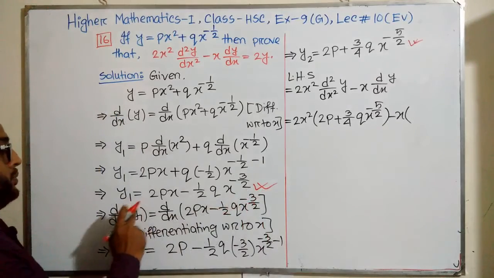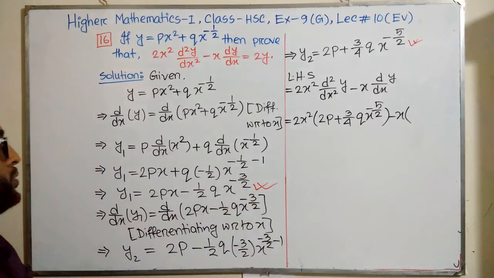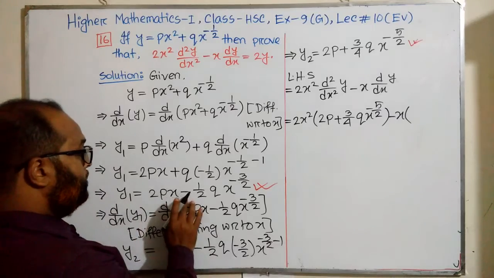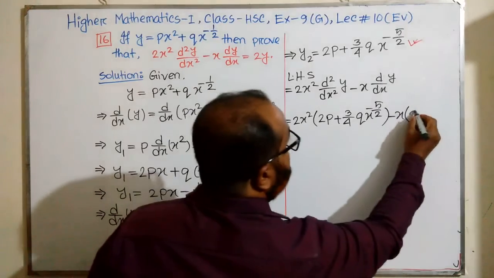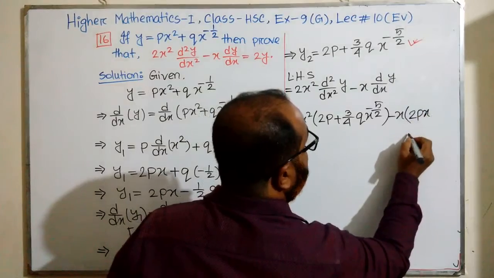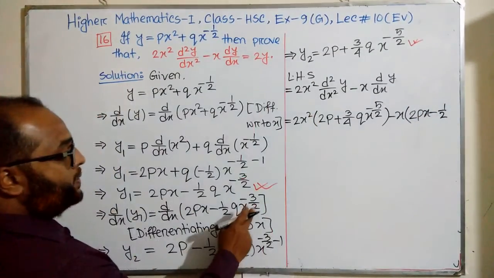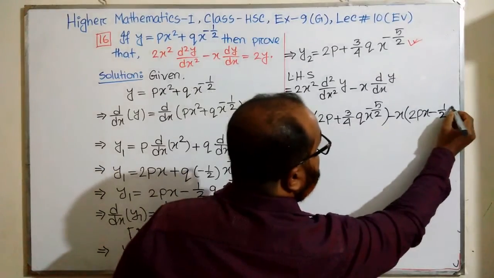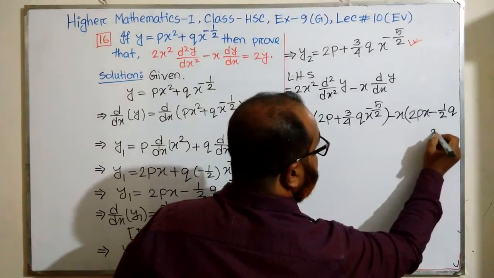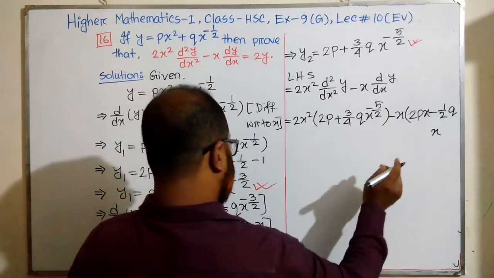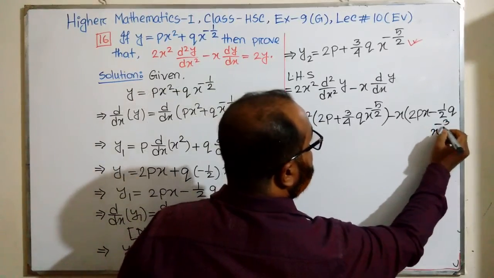From this line we can write y1 equal 2px minus 1 by 2 q x power minus 3 by 2. Here I write this, here minus 3 by 2.